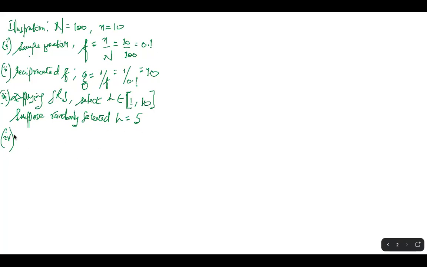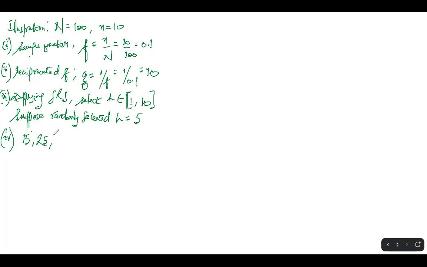So from 5, the 10th person after number 5 is the 15th person. So 15 is my first choice. Then from 15, I'll count the 10th other person, the same as the gth other person. After the 15th person, who comes next? 25.